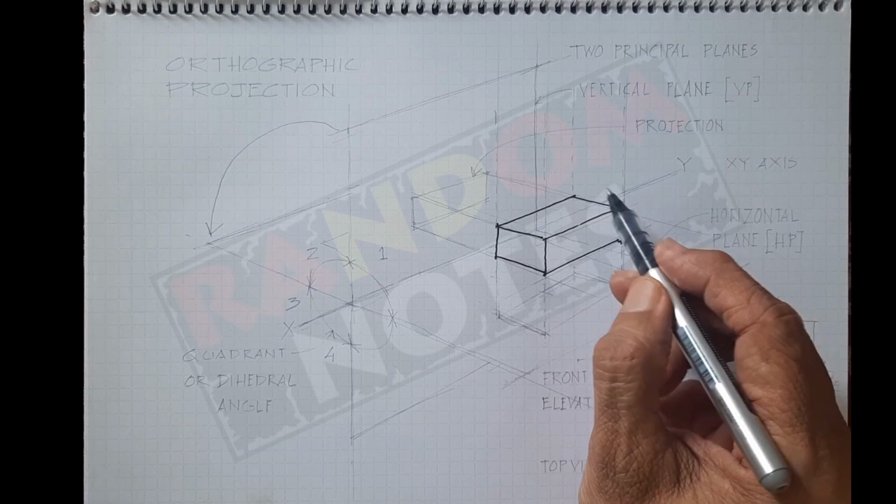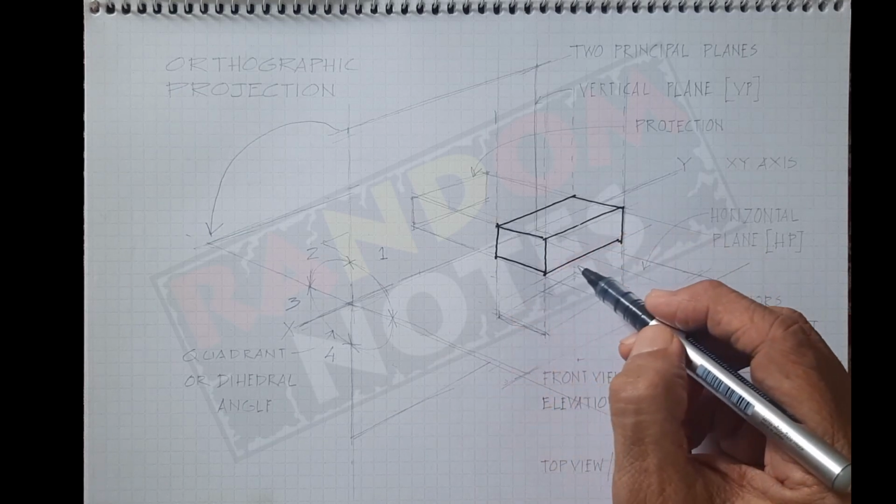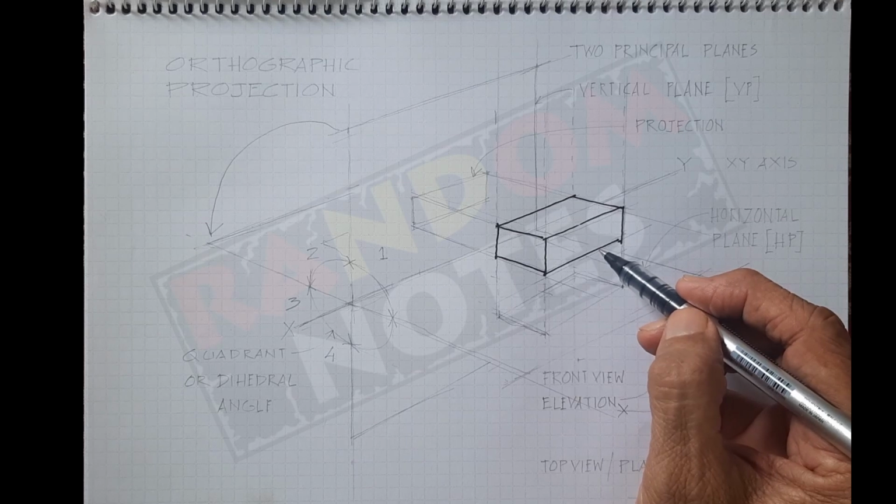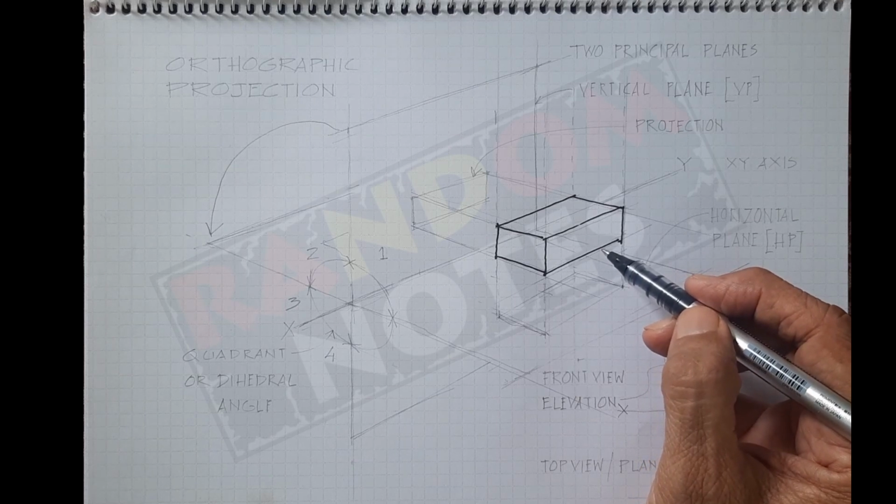Now we assume that this box is somewhere in relation to two planes. What are these two planes?